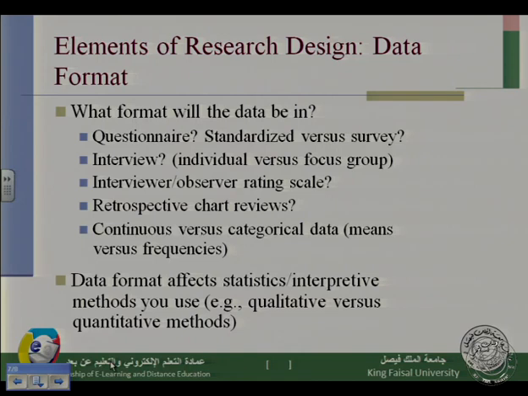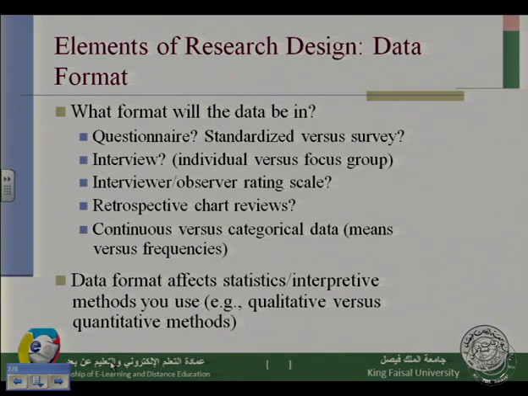Elements of research design: data format. Well, now we selected the sample. We need to start collecting data from them, and we need to specify the format, the shape, the form of the data. Is it going to come to us in the shape of questionnaires, interviews?